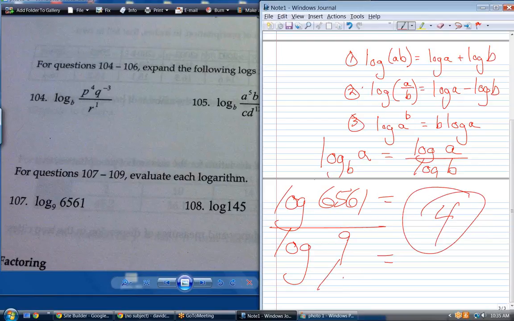If the log base 9 of 6561 is equal to 4, which is what you just told me, what does that mean? Change that into an exponential expression.